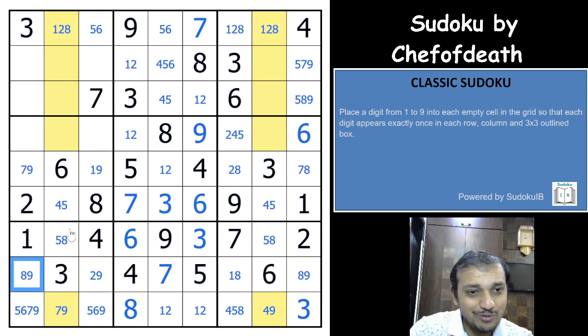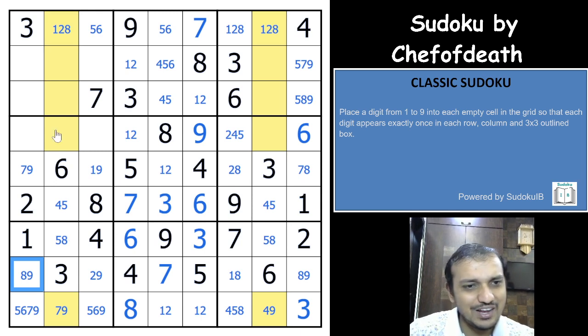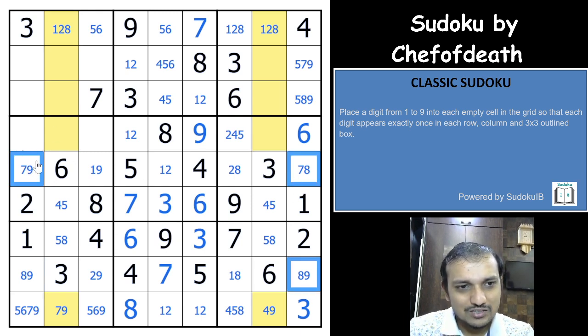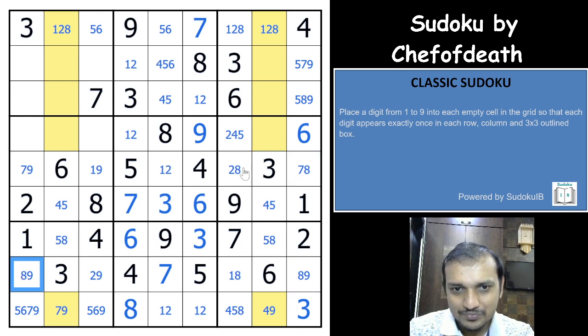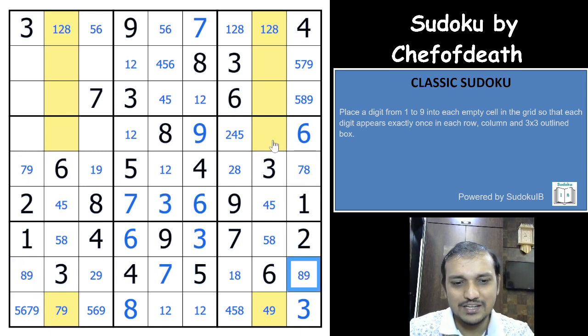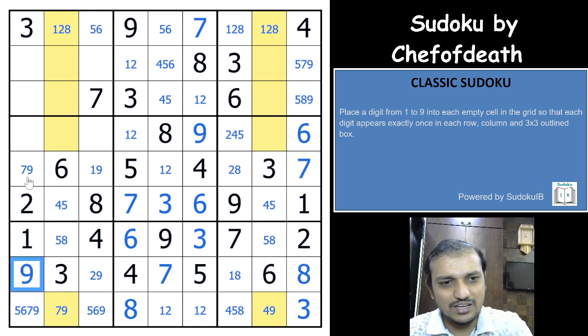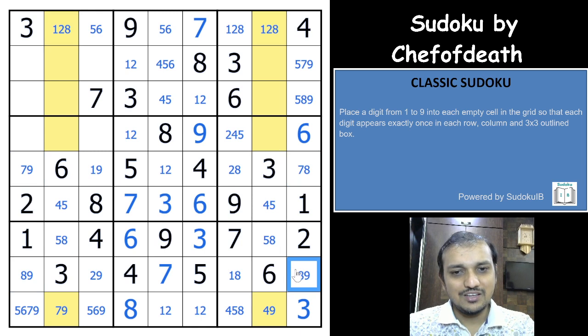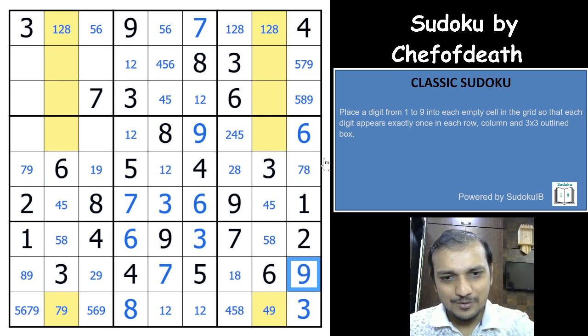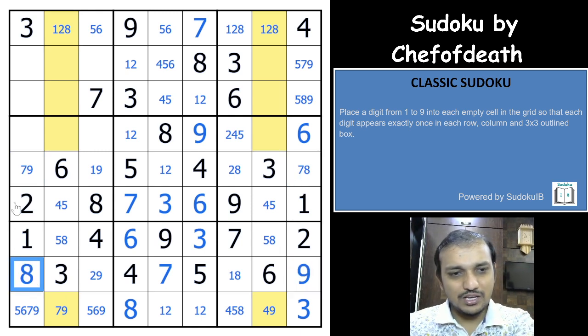This Y-wing works both ways. Wow, amazing. Very rarely you get to see this kind of Y-wing where it works both ways. So 7, 9, 7, 8, 8, 9 means this cell cannot be a 9, or 7, 8, 7, 9 and 8, 9 means this cell cannot be an 8. If this is an 8, this is 7, that is 9, and then you cannot have anything here, which means this would have to be a 9. That gives you 8 here.